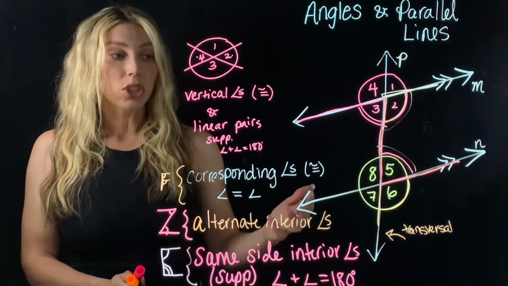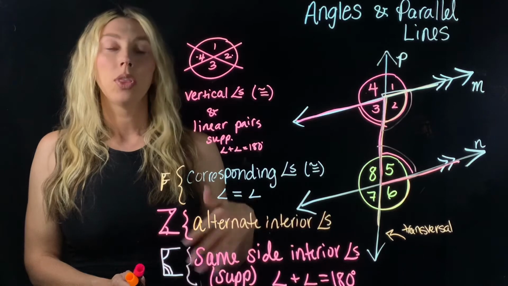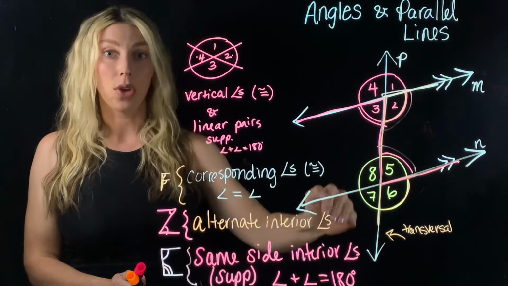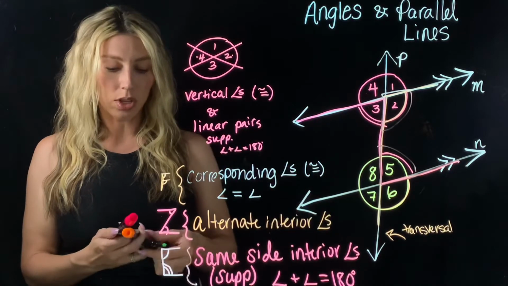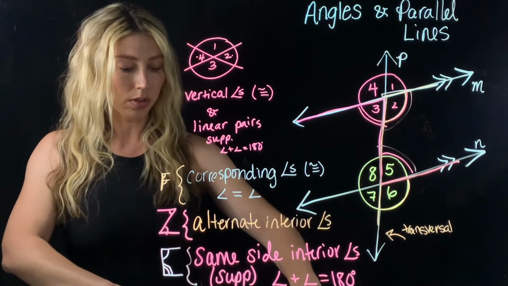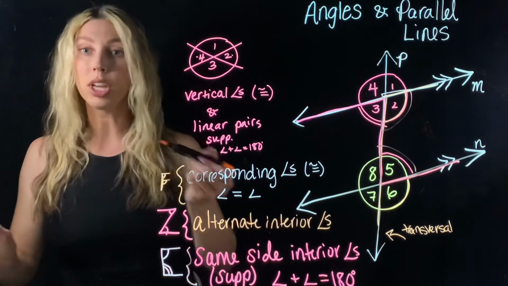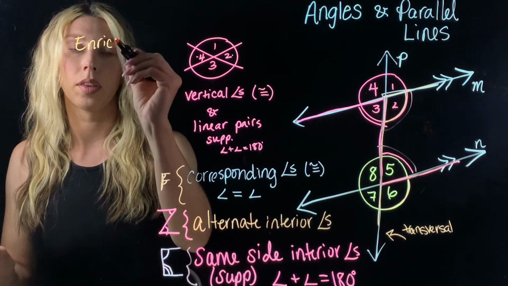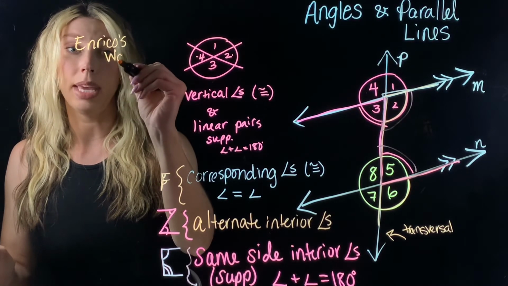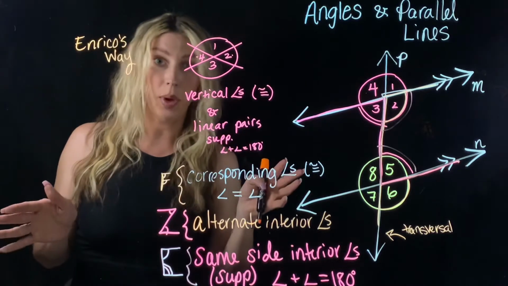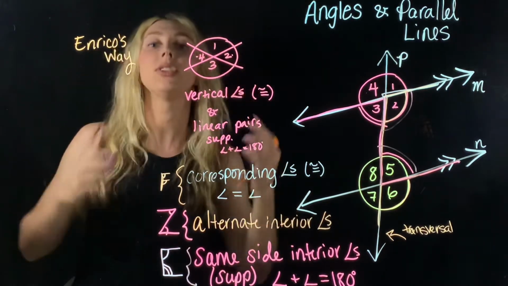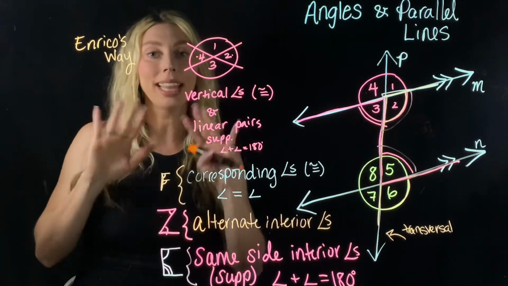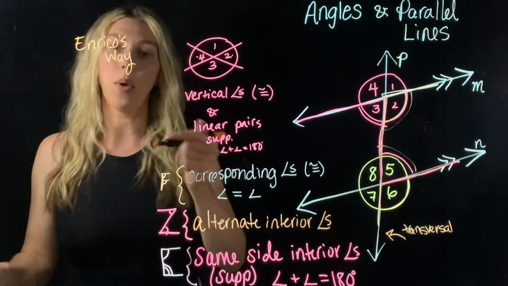The last way to help you remember the different rules if you're solving for any of these angles is a way that I like to call Enrico's Way, mainly because I didn't know about this way until last year when one of my students named Enrico showed me that this is how he was thinking about the different angle pairs.